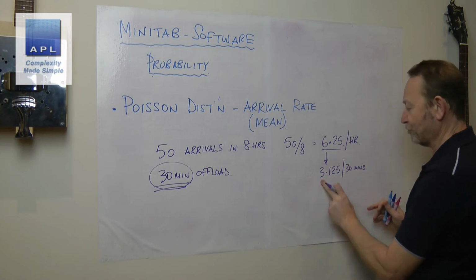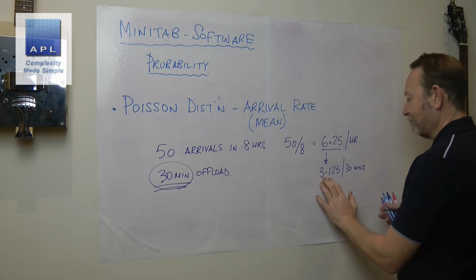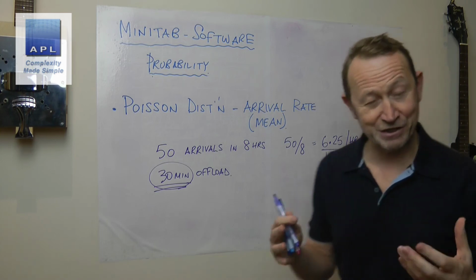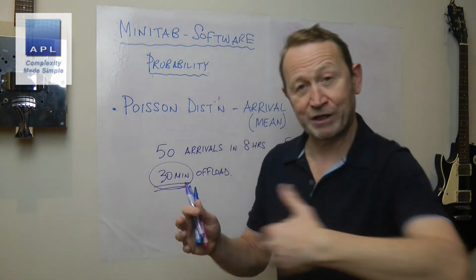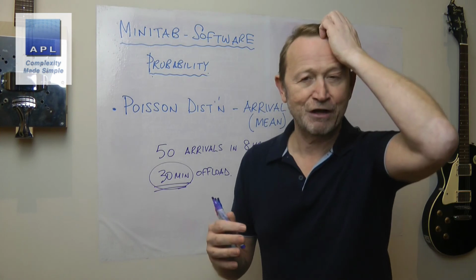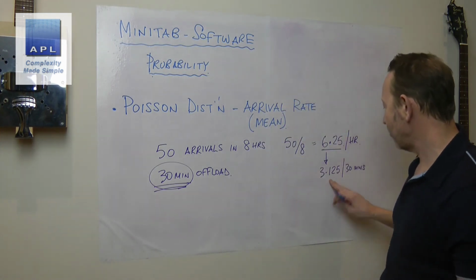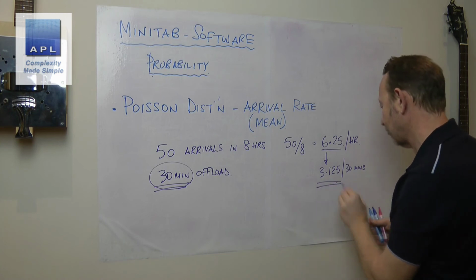So that's the average arrival rate, 3 and a bit lorries per 30 minutes. That's the average. But when you get extremes, when you get variability, could I get 6 lorries arrive, 8 lorries arrive? What's the probability? All right. So there's our parameter, our arrival rate.